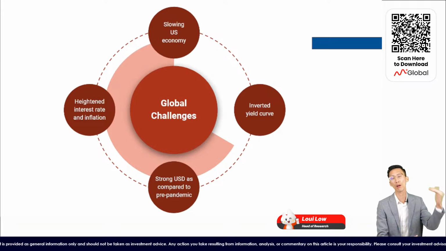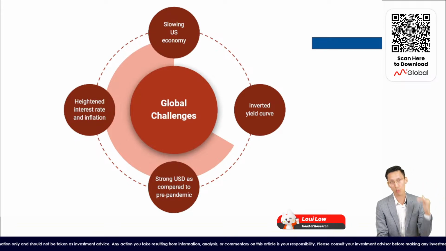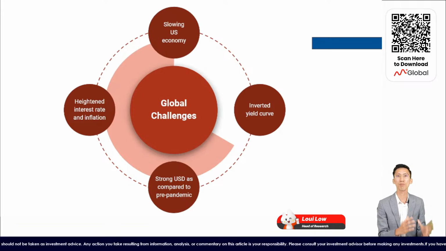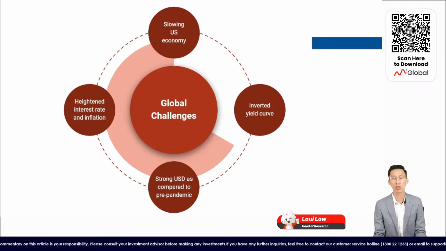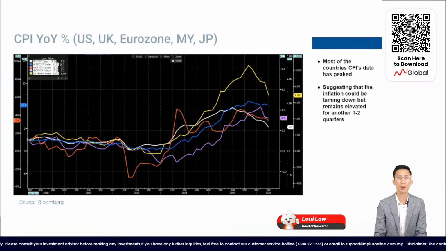So they need to pay the finance cost before coming to their earnings. If the company is paying more in finance cost, definitely that would dampen their earnings. So this could be some of the challenges that the US corporates are facing, and that could point towards a potential slowing of the economy. Then later on I will talk about the inverted yield curve.